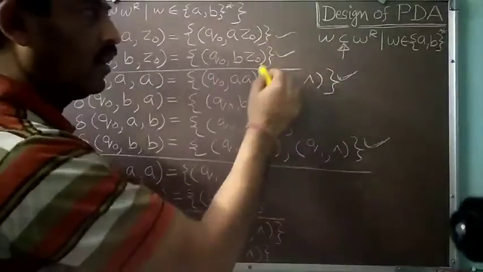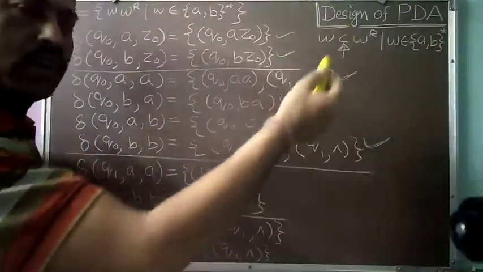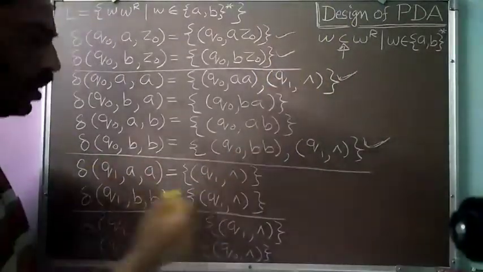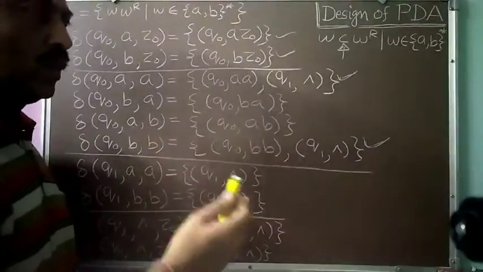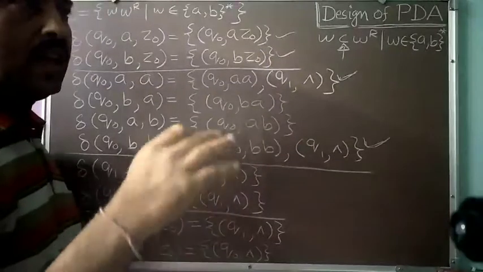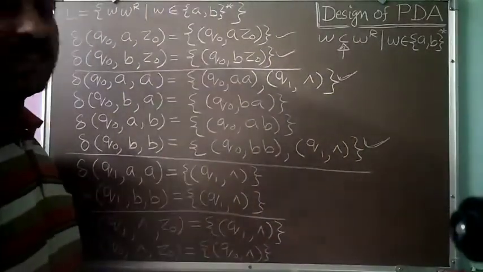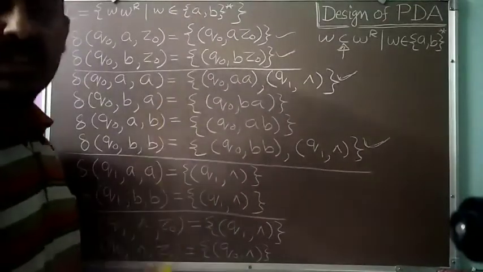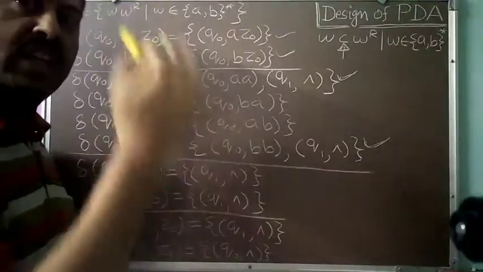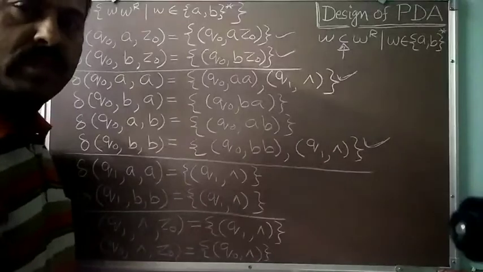In other thread, our machine will start matching. It will remove the topmost push down store symbol, go to the state Q1 and continue with the further execution. So some of the threads will give you the failure and some of the threads may give you the success. If any thread is giving you the success, then your string is successful. We have to ignore all the failures and we have to take the success as we were doing in the case of non-deterministic finite automatons.